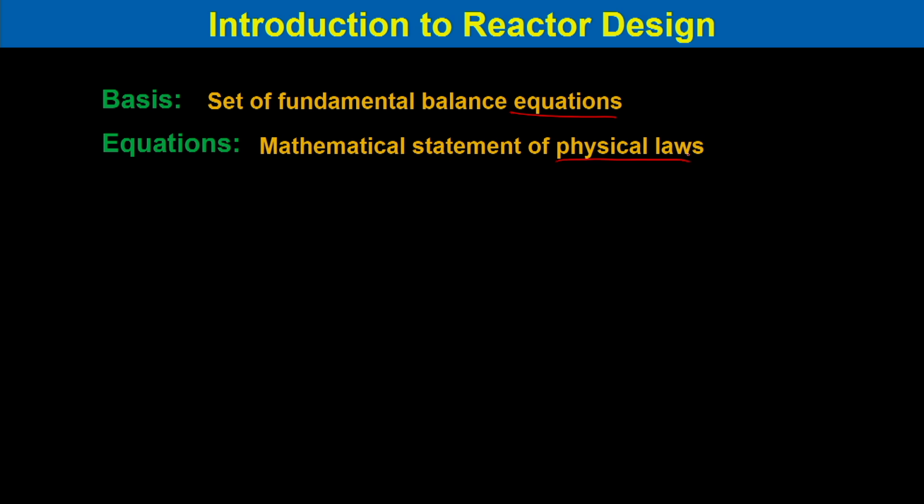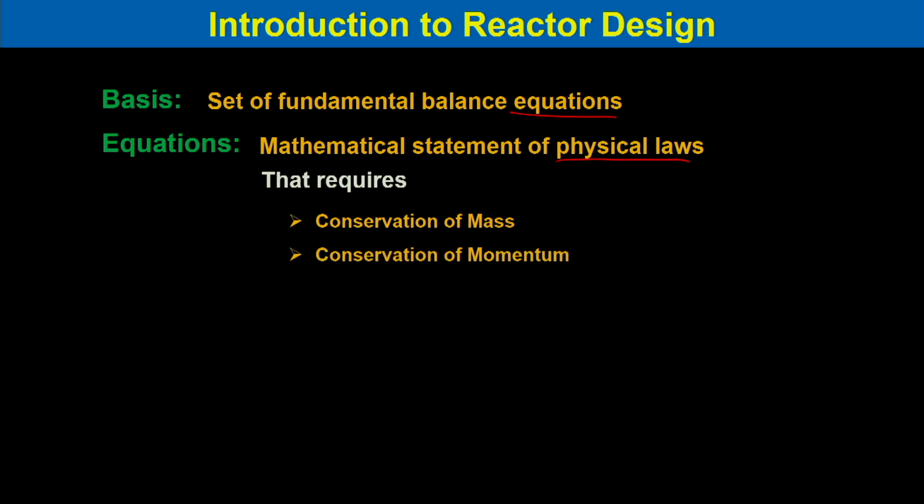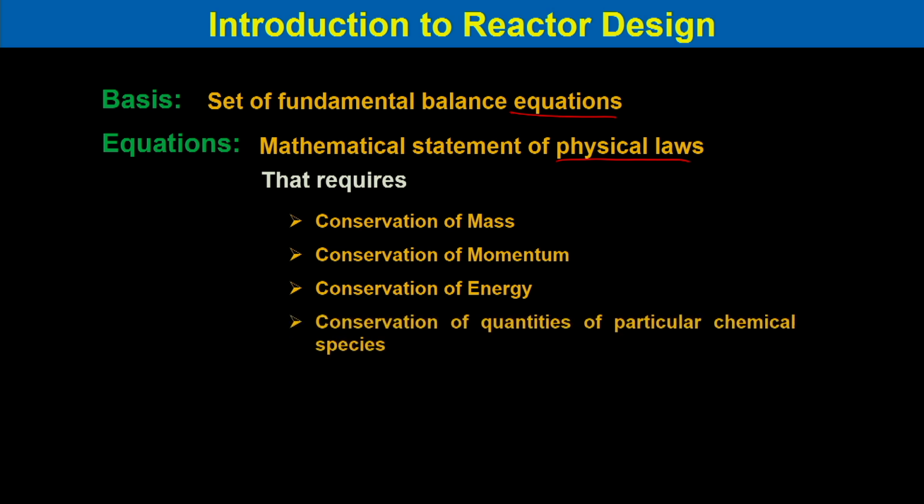The physical laws mean it requires the conservation of mass or conservation of momentum or conservation of energy. In addition, we can have conservation of quantities of particular chemical species which we want to follow for a particular reaction.